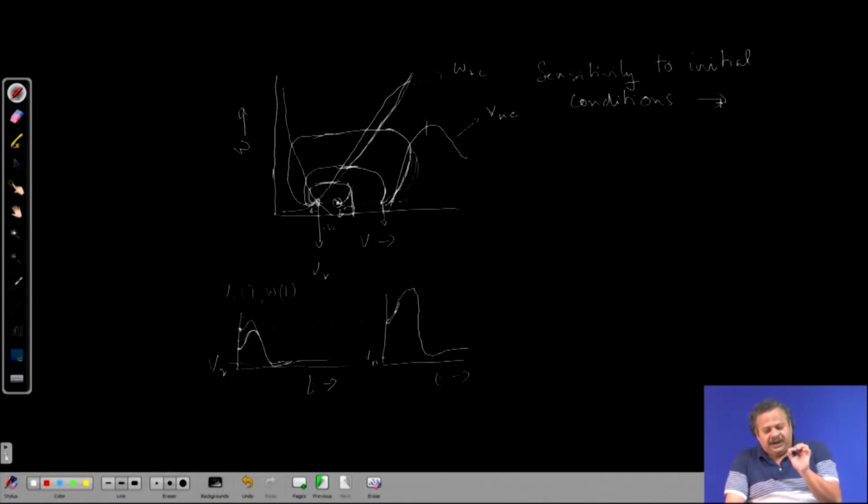And with the small change, there is an increase in the membrane potential to a larger extent and then coming back down and going to the resting membrane potential, which in this case we will call an action potential or the spike.